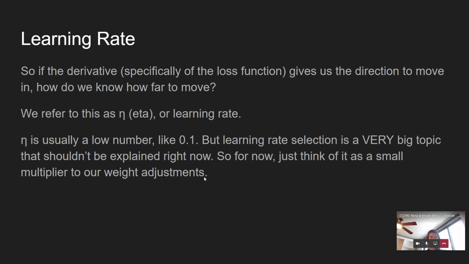This is just to control how fine-grained our movements are for this neural network. And we can get a little bit farther into what I mean by that in a bit, but the basic idea is we don't want our weights to be changing a very large amount all the time. We want small, little micro adjustments to our weights.